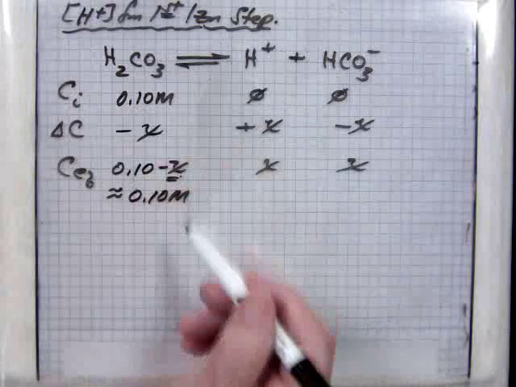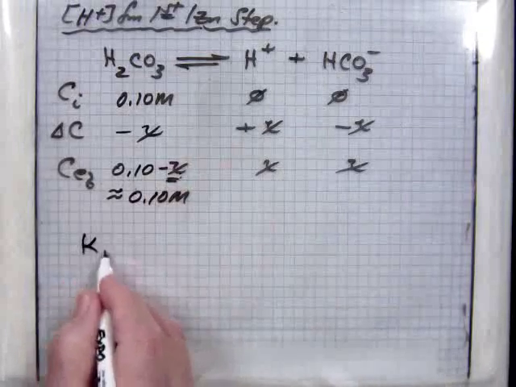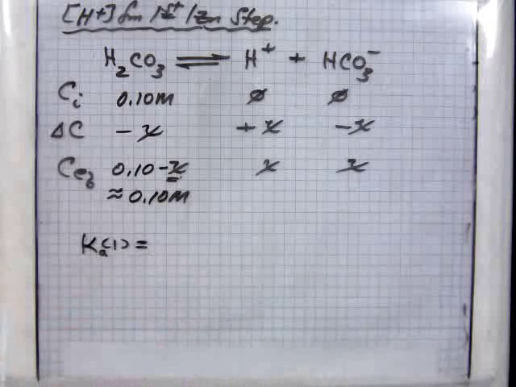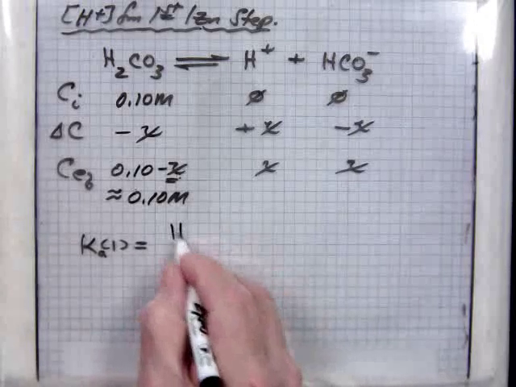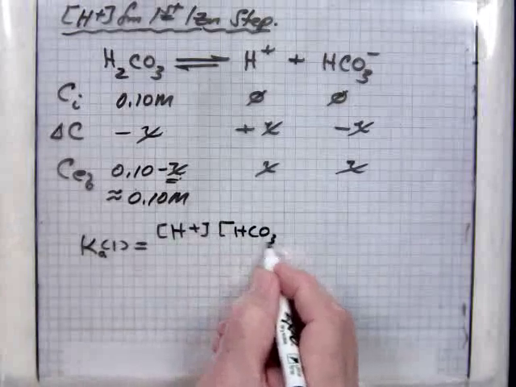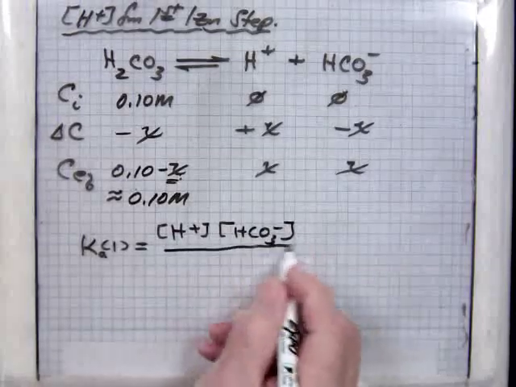Now, at this point we set up the Ka1 equilibrium expression because this is the first ionization, and that would be the hydronium ion times bicarbonate ion, divided by the carbonic acid we started with.